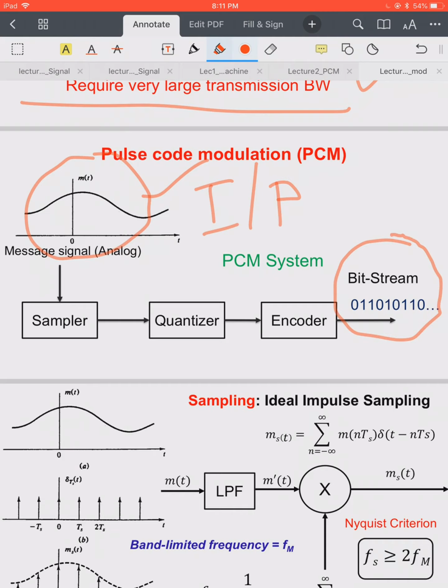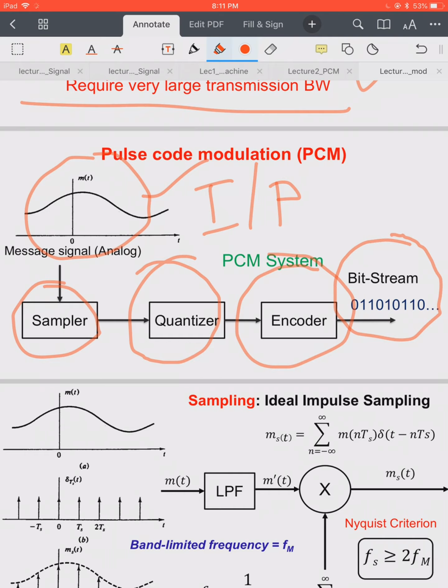The essential processes of PCM are first the sampling, then you have a quantization unit, quantizing, and finally you need an encoding block. I am going to discuss each block one by one, and then overall.